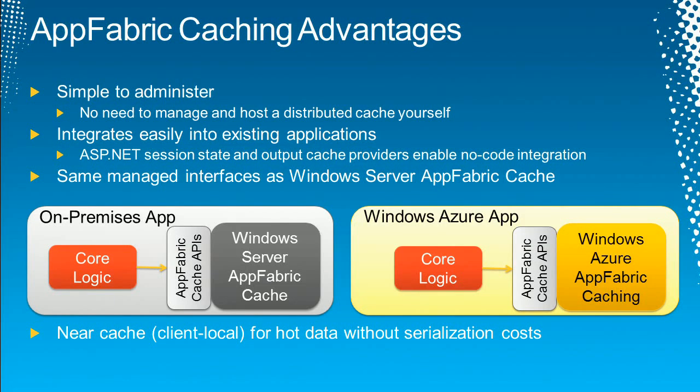And then the other really nice thing about App Fabric caching that is not present in Memcached is this idea of a near cache. So the libraries that provide the interface to the distributed in-memory cache implement a local cache in memory on the client side. And the hottest data will live in that local cache, and it's not even serialized, so this is extremely fast. And so your hottest data will actually get the best response time, and that's something that's unique to App Fabric caching.